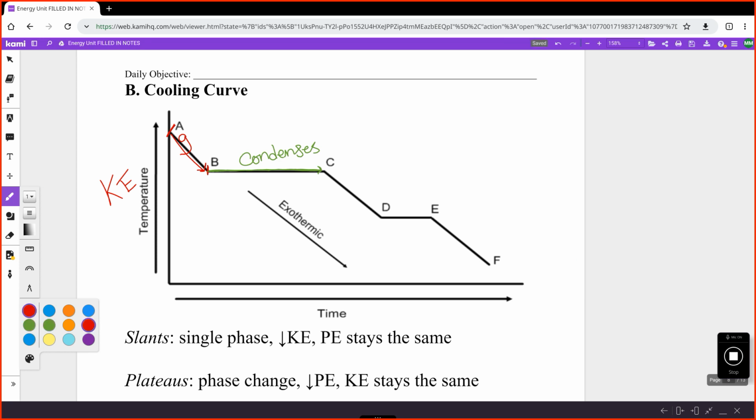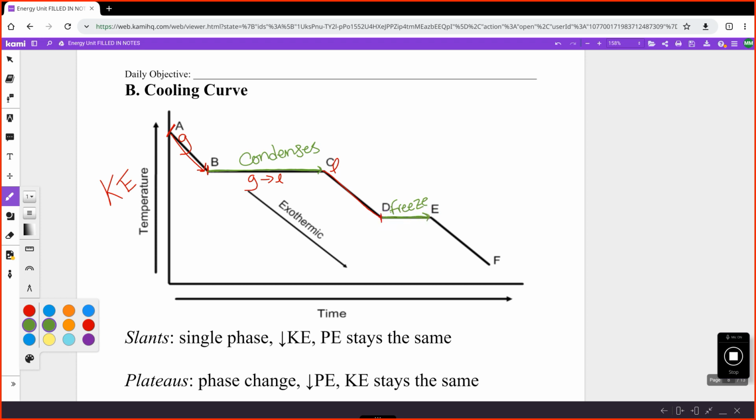And surely, once it is fully condensed from a gas to a liquid, the liquid phase starts and the liquid starts to cool. Until that liquid and all of its kinetic energy is released again to the point at which the liquid can now freeze into a solid.